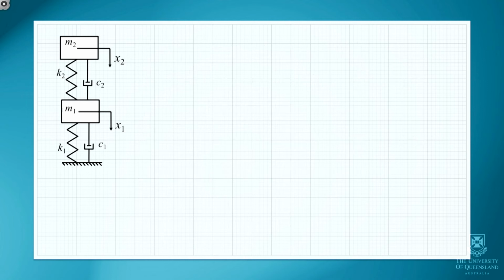Now let's do the problem again, but this time using the total motion of the top mass x2 as the unknown. This decouples the kinetic energy and hence the mass times acceleration terms. The coupling now reappears in the stiffness terms as the deflection of the top spring now depends on a difference in coordinates. So to write down L again with our change in coordinates, kinetic energy is now simpler because it's a half m1 x1 dot squared plus 1/2 m2 x2 dot squared.